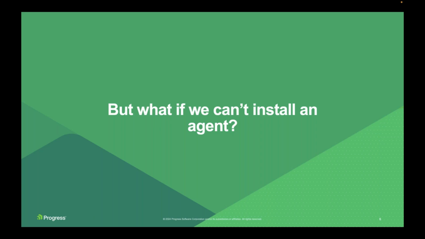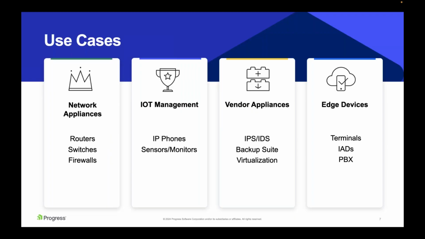What we were seeing in terms of where this fit was a lot of IoT and network type edge cases, right? Things like routers and switches, firewalls, IP telephony, IDS, IPS, and virtualization were not able to have agents installed, mainly because they were maybe a different type of OS or different type of interface.